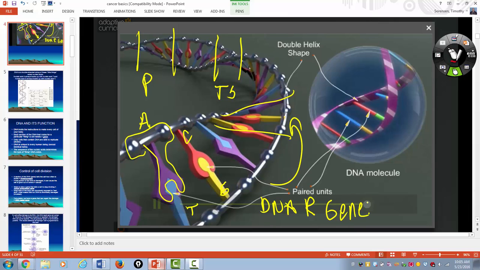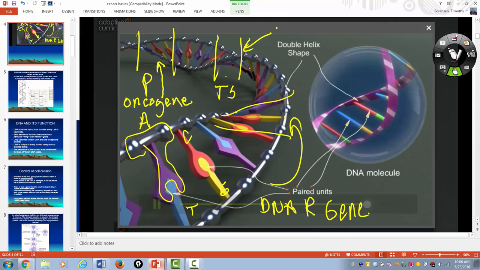In order to get metastatic cancer, cancer that spreads to distant parts of the body, three things have to happen. You have to damage or mutate your proto-oncogene, and if you mutate it, it will become an oncogene. So instead of dividing at that normal set rate, it will begin to divide out of control. Well, you got your tumor suppressor gene that can say, hey, easy there, big fella, stop dividing.